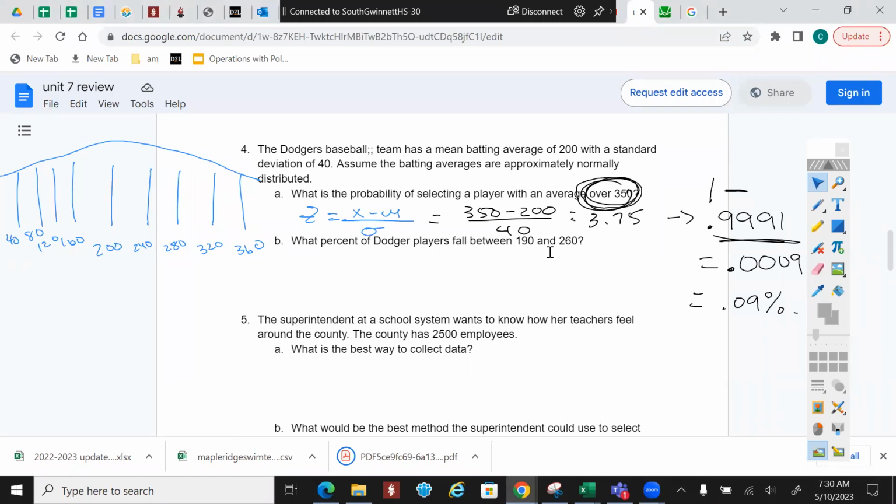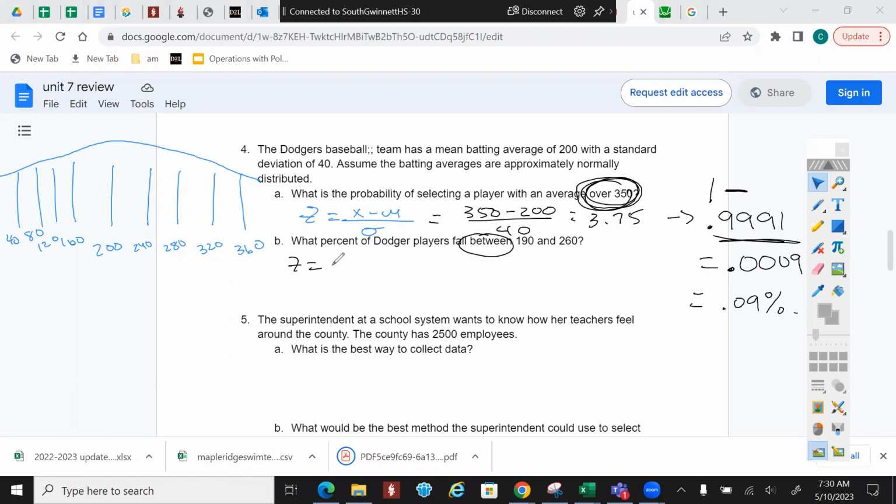Now on this next one, it says, what percent of Dodger players fall between 190 and 260? What you've got to do here is find the z-score again for each one of these, then find the probability and then subtract, because they're asking between.